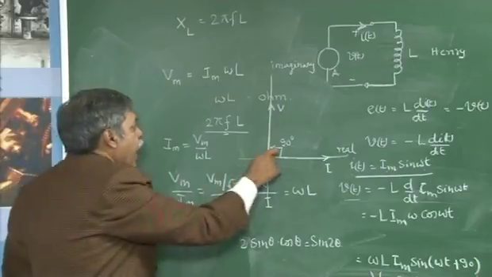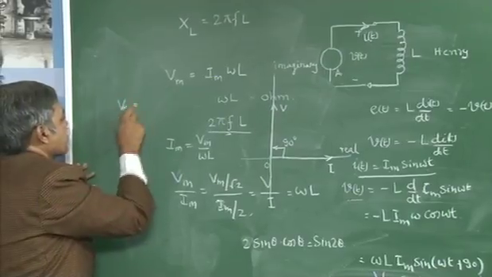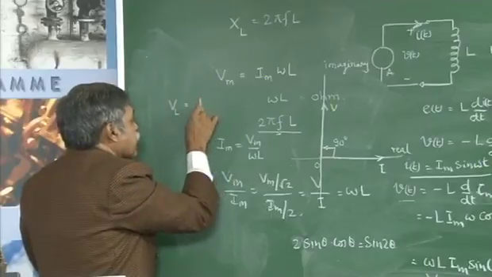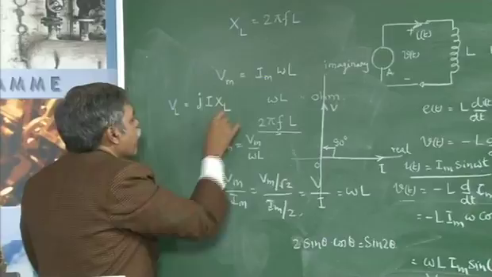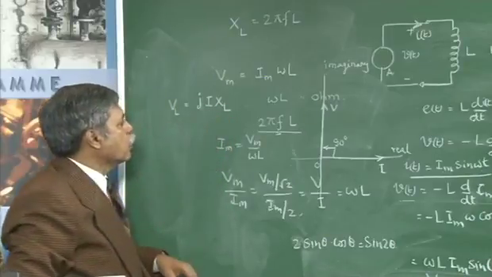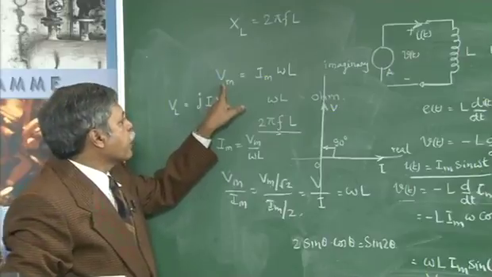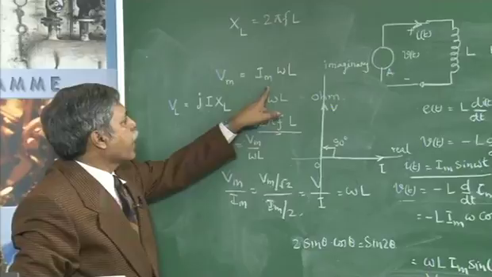Therefore, I write the voltage across the inductor VL, this is the RMS value as magnitude, like this: j times I XL, where this I is the RMS value. Suppose both sides of this expression you divide by root 2, then I have Vm by root 2, and this will be Im by root 2.